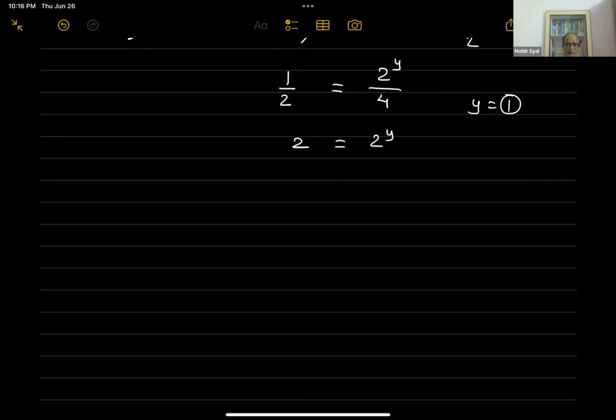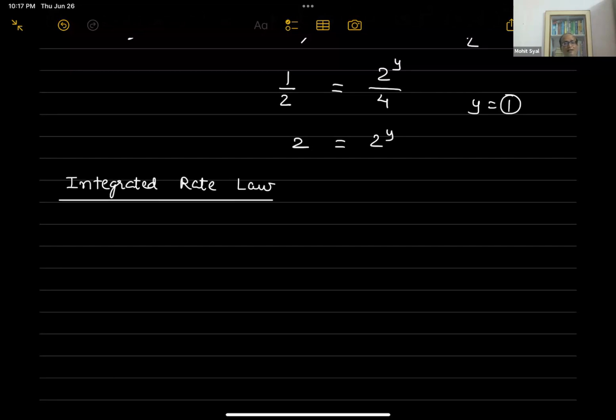Now we will move to the integrated rate law. As I told you, if you have the integrated rate law, you can predict concentration at different time intervals.